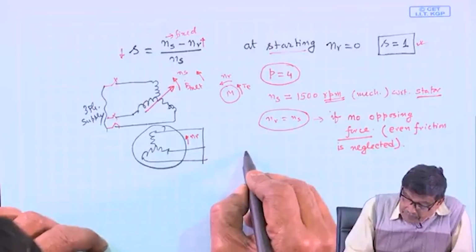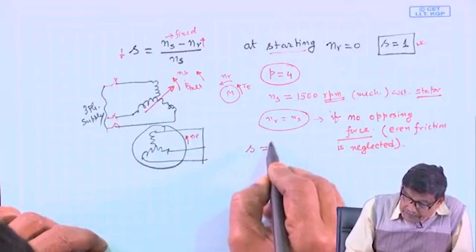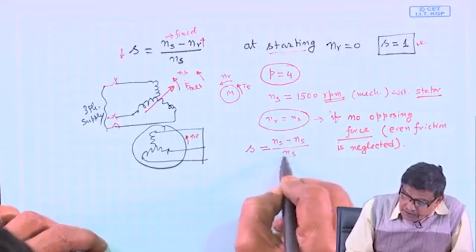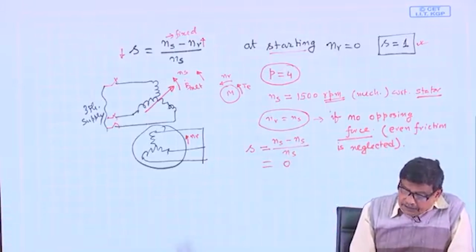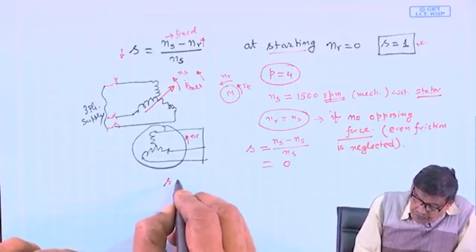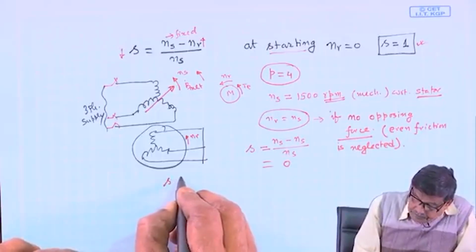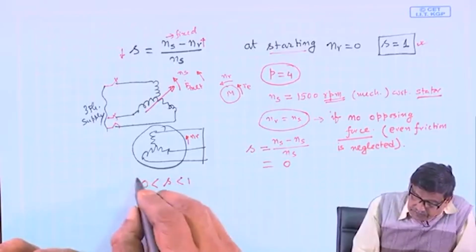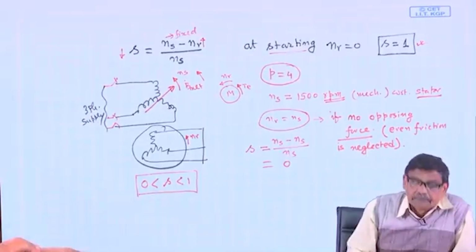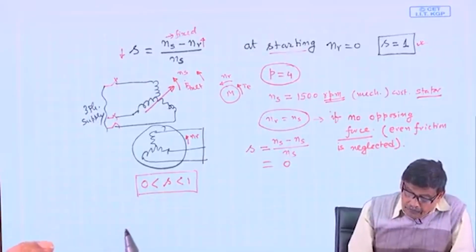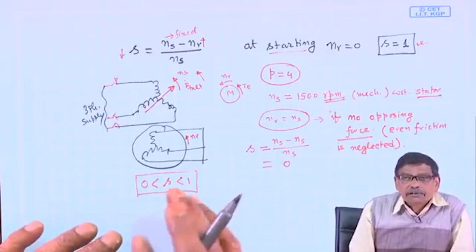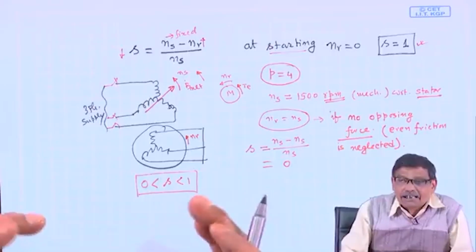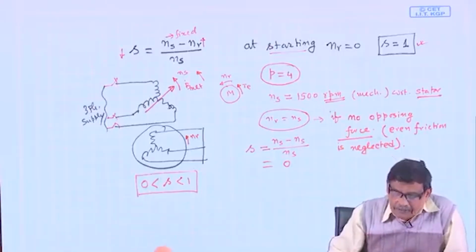Therefore, slip at that time is Ns minus Ns by Ns, equal to 0. Therefore, the range of slip for motoring operation is from 0 to 1. This is the range, where S equal to 1 is a very real thing, not ideal. S equal to 1 exists when you switch on the supply.